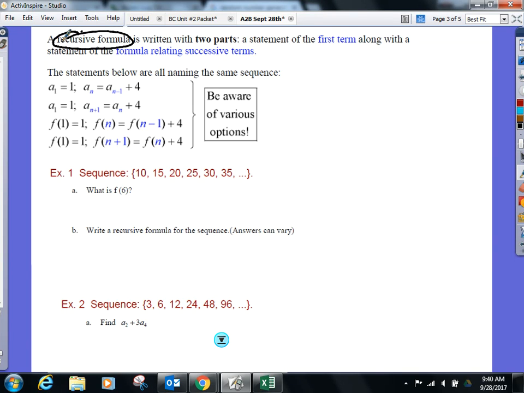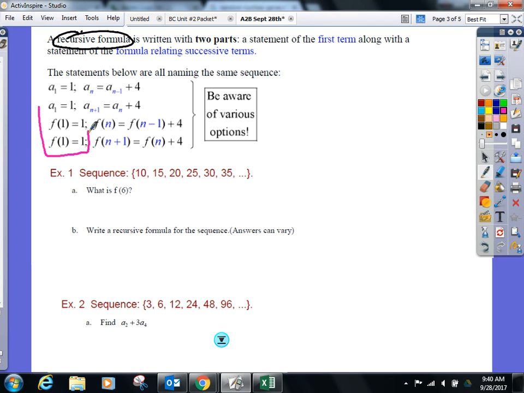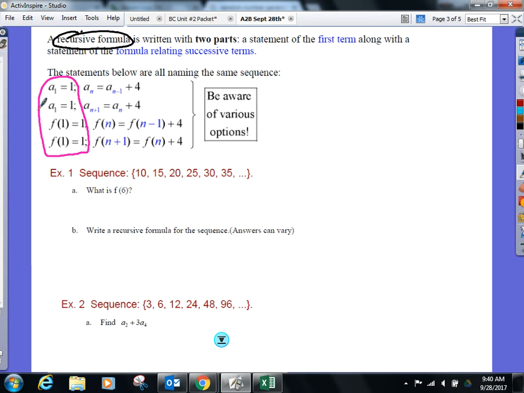Everybody take a look right here at all the different ways to write a recursive formula. You will always be given the first term. Then you'll always be given the pattern. What do I do to the previous term to get to the next term? If you take a look at my first one, everyone see a subscript n? This is telling me the following.